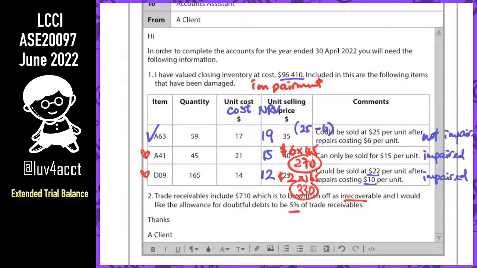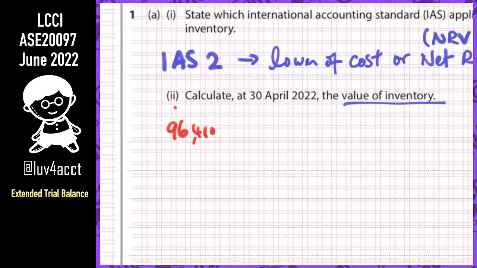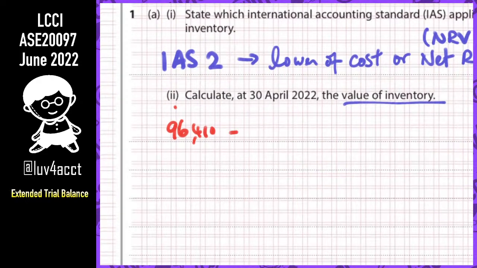So 96410, let me write it here first. And then we have 6 times 45, is it?